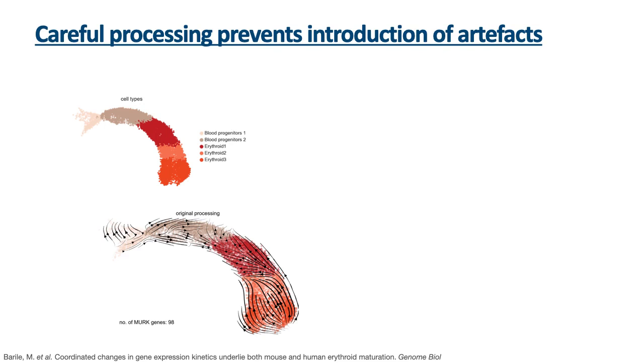And this was not the way that they expected this differentiation to go. And they could trace back these false velocities to a set of Merck genes, so genes that they found had multiple kinetics and were thus incorrectly fitted. And if they removed these Merck genes, they could recover the flow in the way that they expected.